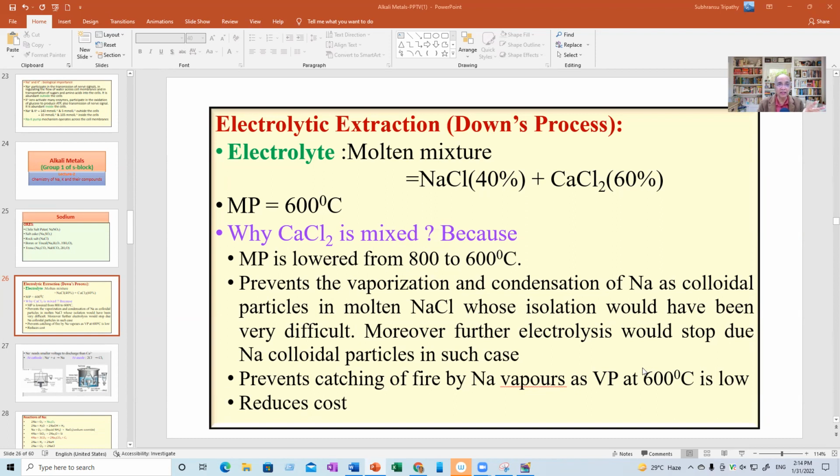It will vaporize, and the vapors cannot escape. They will condense inside the molten sodium chloride and form coarse sodium colloidal particles, which will prevent the flow of ions.